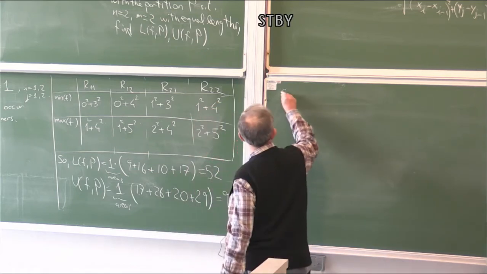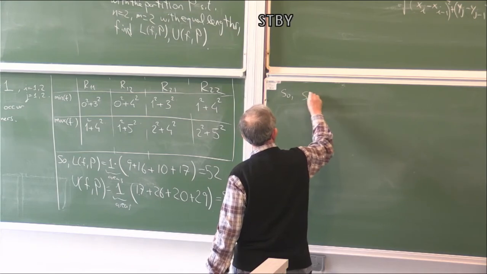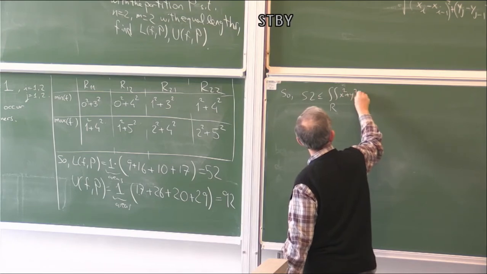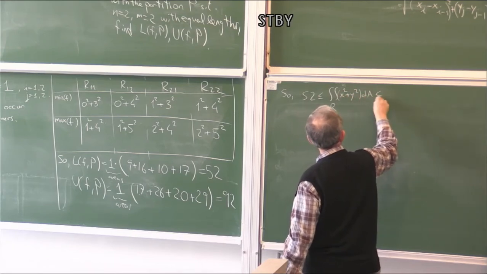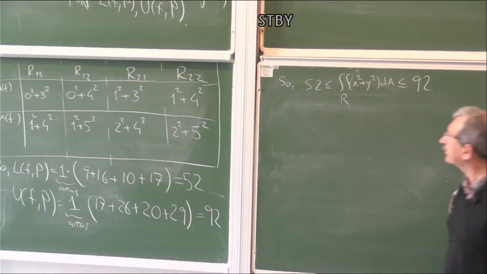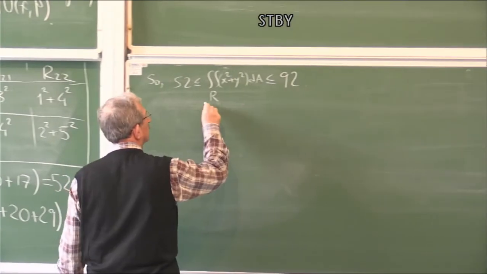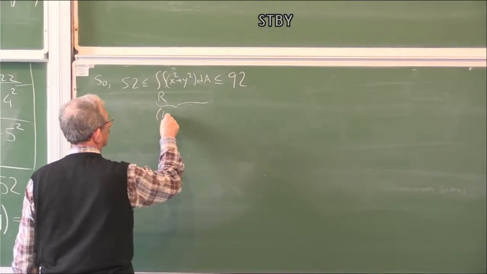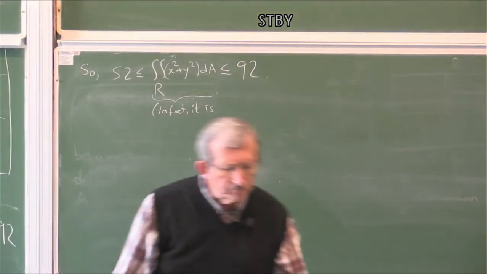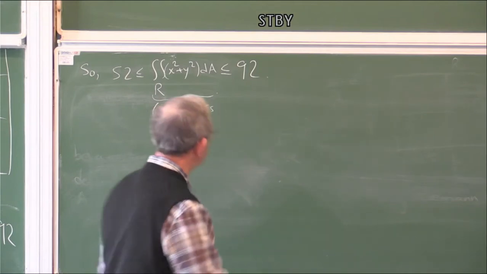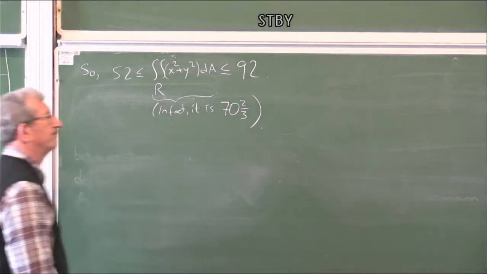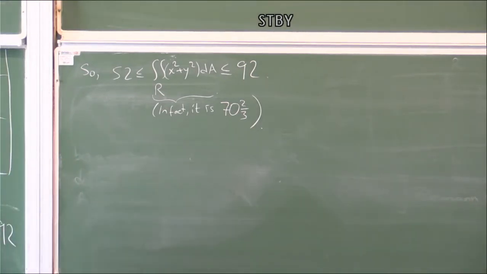So the integral is between these two values. Actually, it is not difficult to calculate, it is 70 and 2/3. Very near 71.